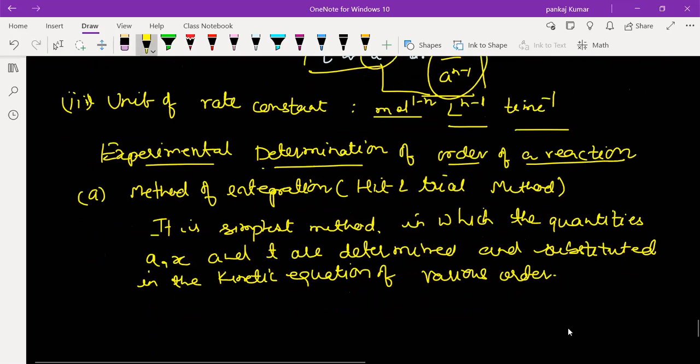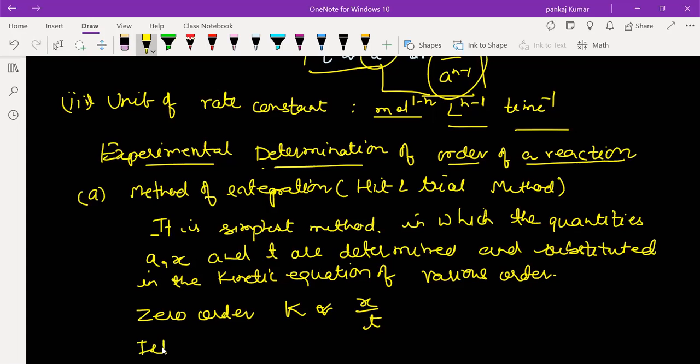So already we know the equations. For zero order, what is the equation? k is equal to x by t.